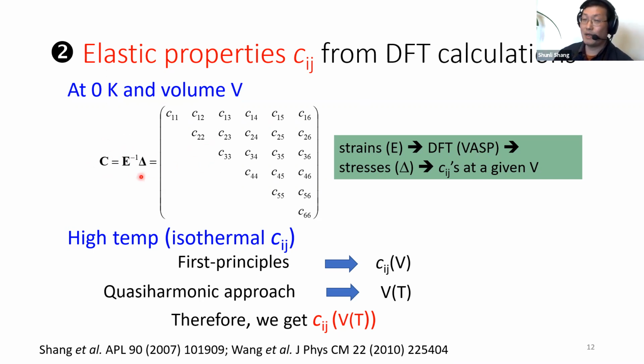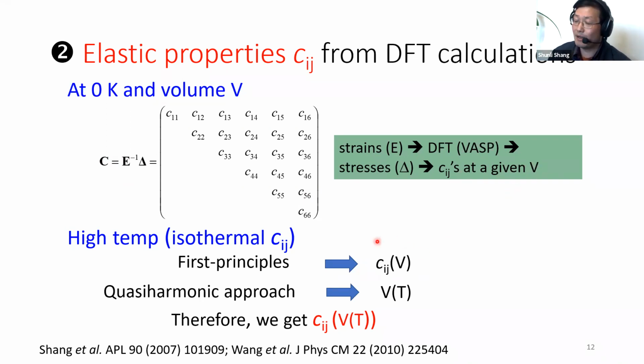This equation is based on Hooke's law. In practice, we give the strains, and based on DFT calculations, we can get the stress. When we have the strain and the stress, we can get the Cij, the elastic constants, at a given volume.